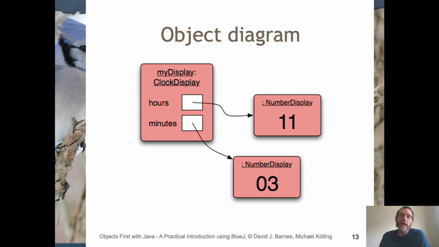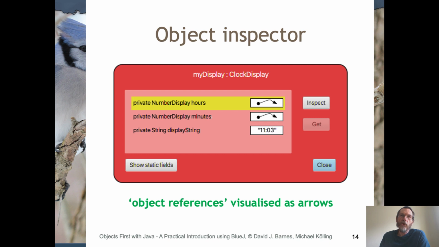Now, notice that we represent that interaction between the clock display and the number display via arrows in the diagram. And this is also reflected in what you would see in the object inspector. If you create a clock display object and open up the inspector, you now don't see numerical values or Boolean values inside the value area of the instance variables.